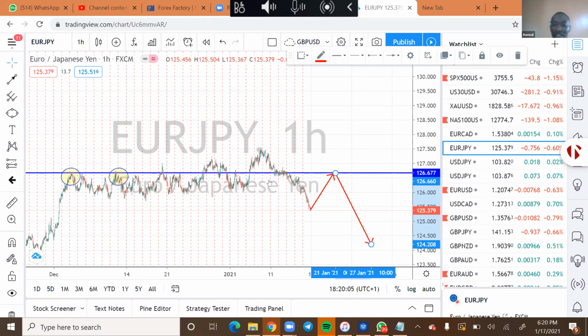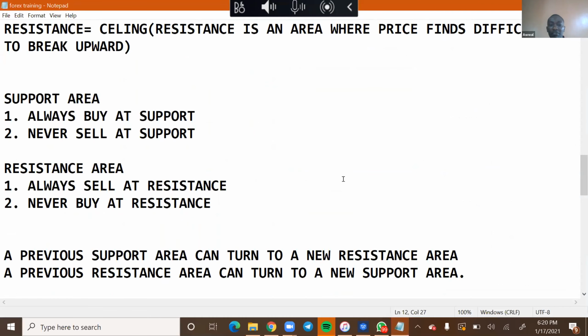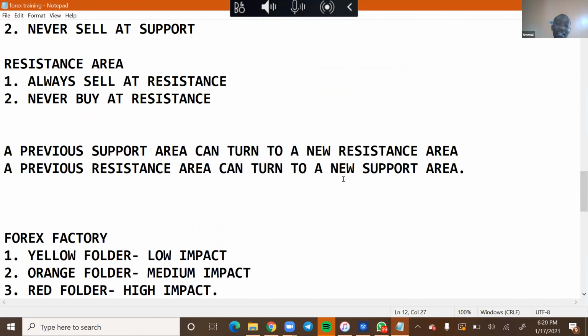Okay. Now, I'm going to pause on the question so that I can take the other parts that I have here. A previous support area can turn into a new resistance area, while a previous resistance area can turn into a new support area. Now, what do I mean by that? Look closely, guys.